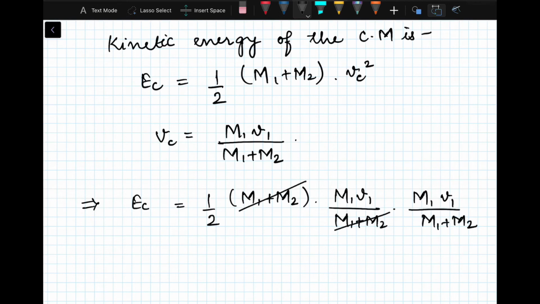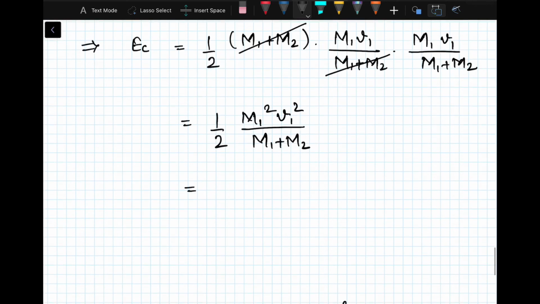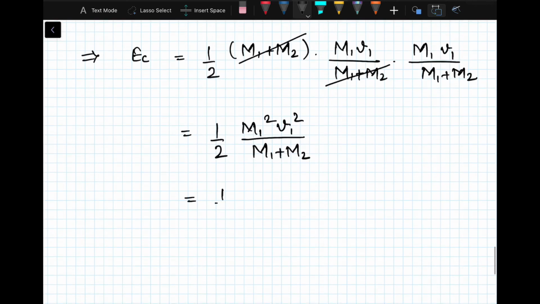Now this term will cancel out, so what we are left with is half of m1 squared v1 squared over m1 plus m2, and we can write this as half of m1 over m1 plus m2 times m1 v1 squared.